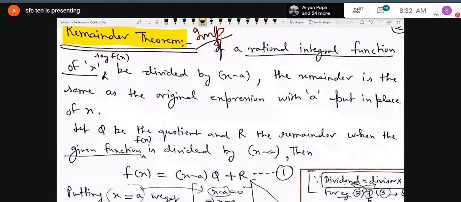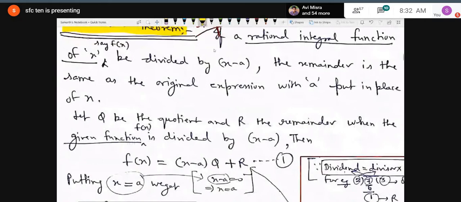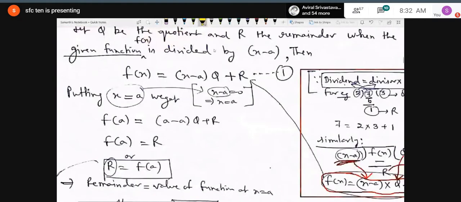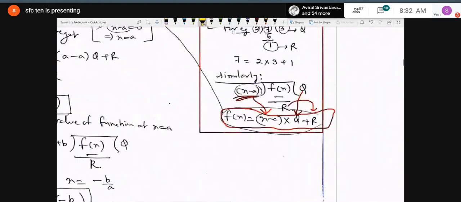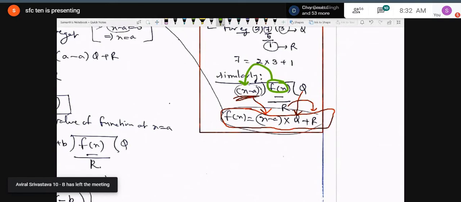And why are you replacing x by a? Because when I am dividing f(x) by x minus a, the mindset is that x minus a might be a factor of this polynomial f(x).